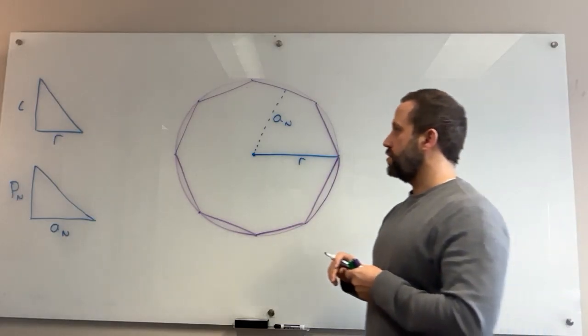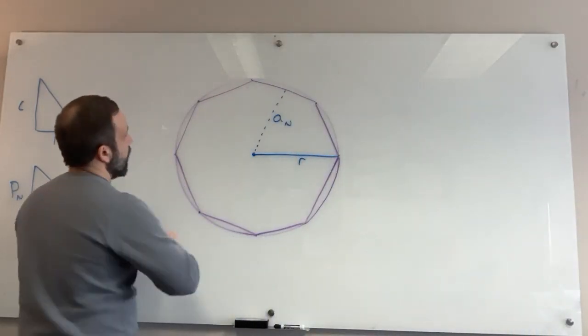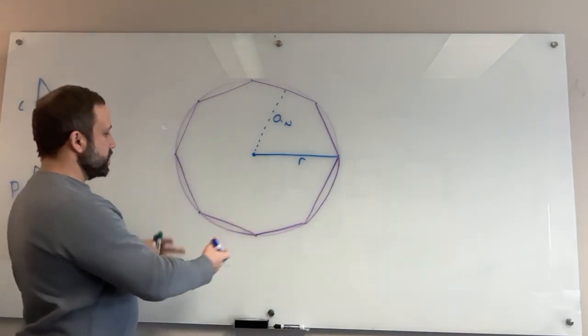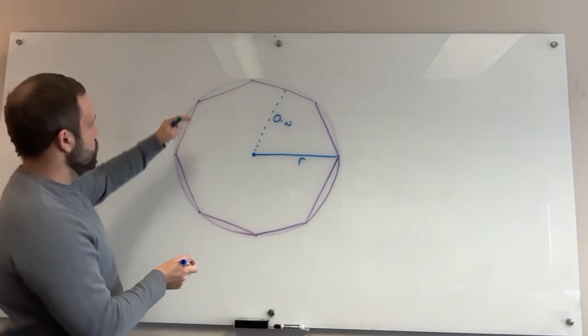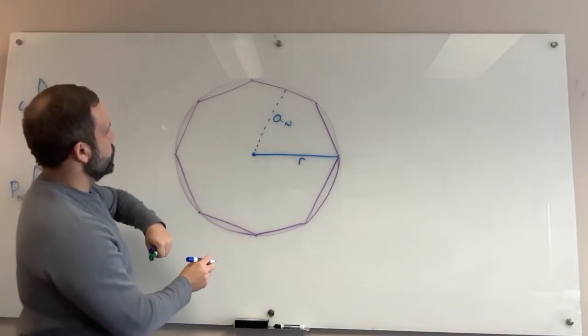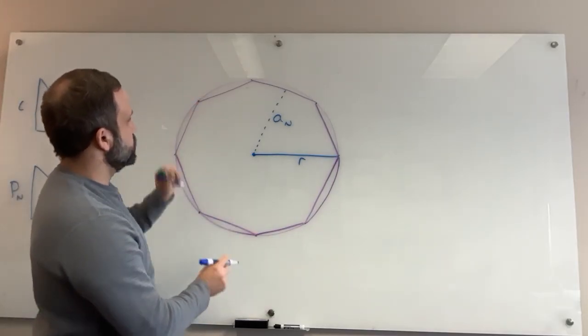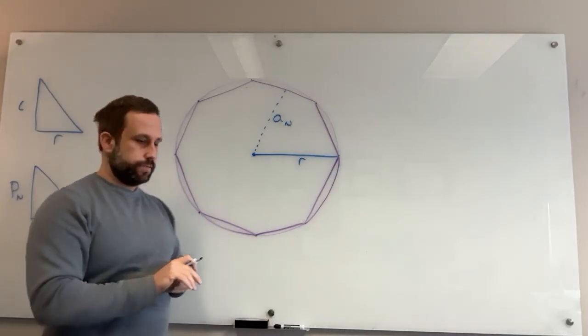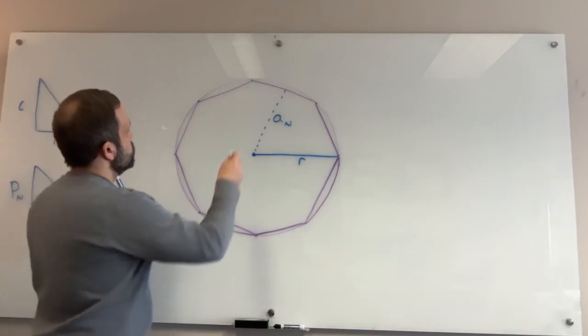I'm going to look at this right here as a representative sample. Obviously this is just an octagon. My colleague Catherine drew it for me. Yeah, it's an octagon, but it's representative of all polygons. Let me just look at this part right here.